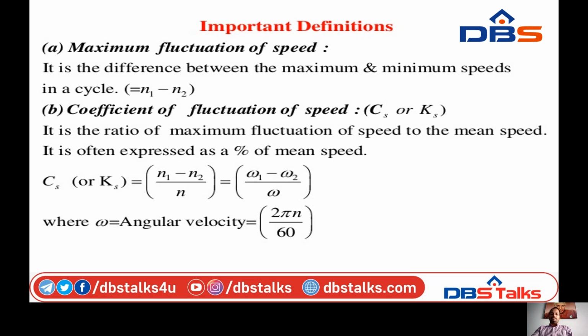For nominal speeds, that means normal speeds, we calculate n1 minus n2. For angular speed, omega 1 minus omega 2 by the mean angular speed omega, where omega is 2 pi n by 60. This is a major important definition.